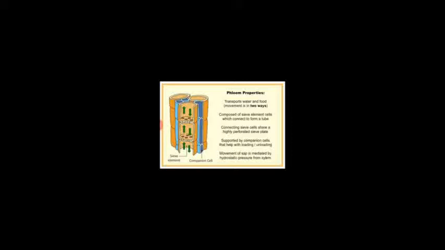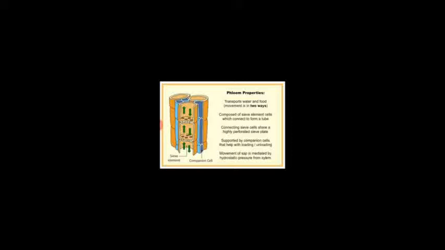You will study the structural organization of the phloem, and then you will learn how it supports the body part of the plant. Here you can see that phloem properties are given. It transports water and food, and is composed of sieve element cells which connect to form a tube.